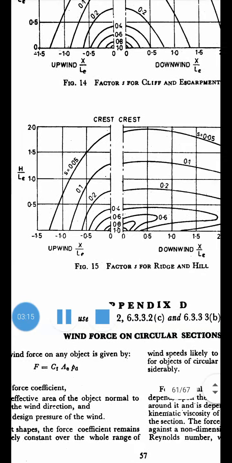For hills, H by LE has to be calculated. So H is height, and what is X? X is actually the distance from the crest. Here it is given as the distance X from the summit or crest related to the effective length LE. So X is actually the distance from the summit.